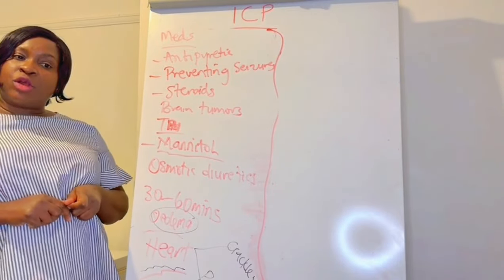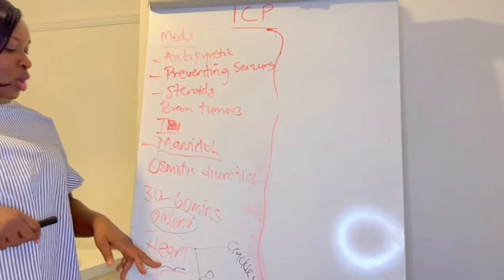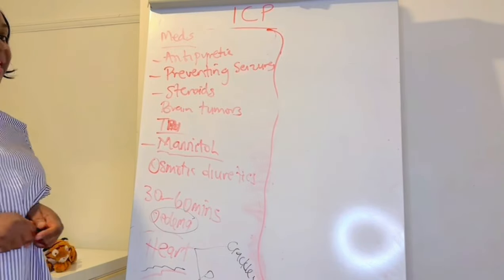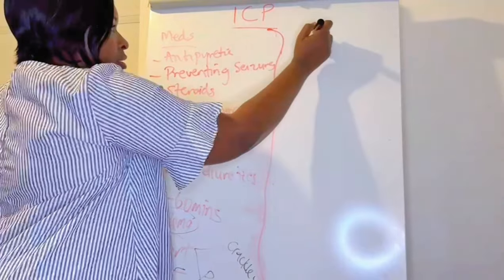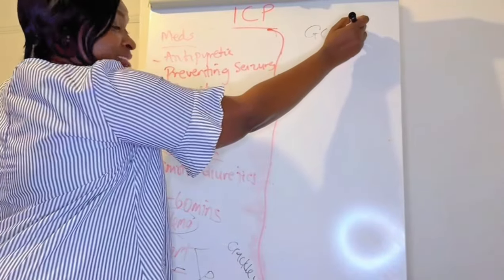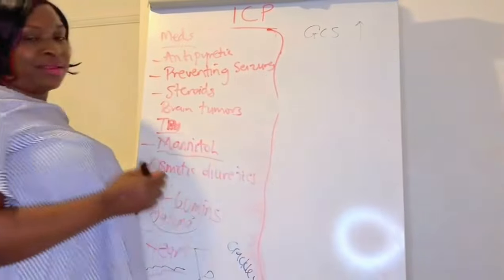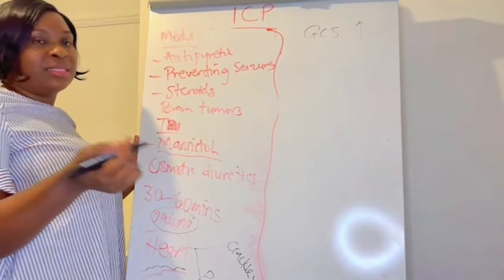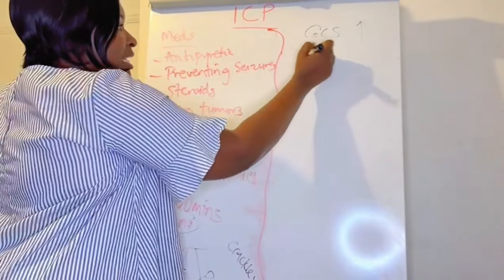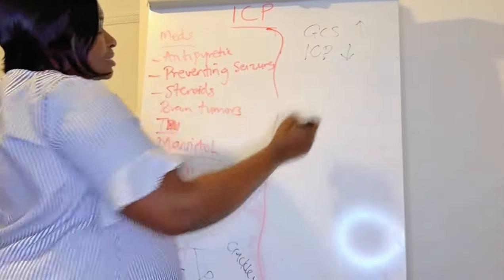How do we know that mannitol is working well? We know that mannitol is working well when we actually see that the GCS is what? Increasing or decreasing? Increasing. That's it. The GCS is increasing, and if we are monitoring the ICP using the ventriculostomy, we can see that the ICP is what? Is decreasing.